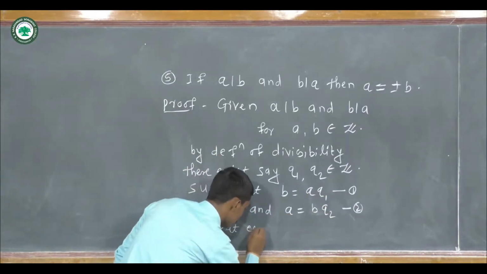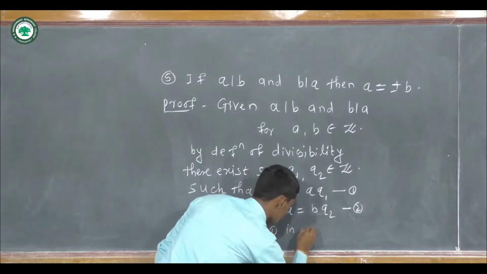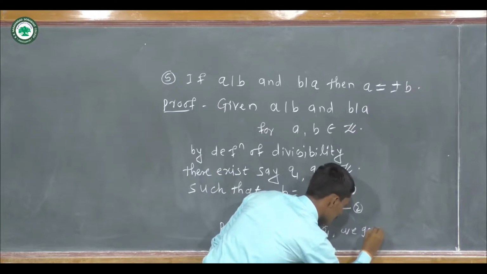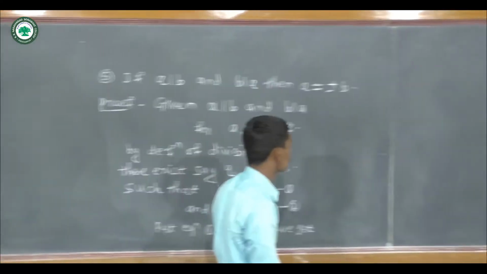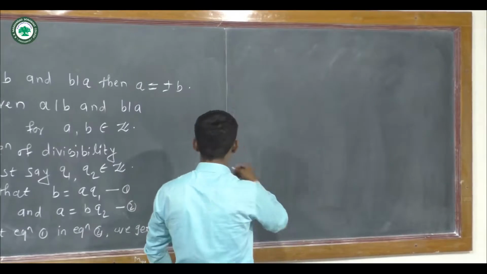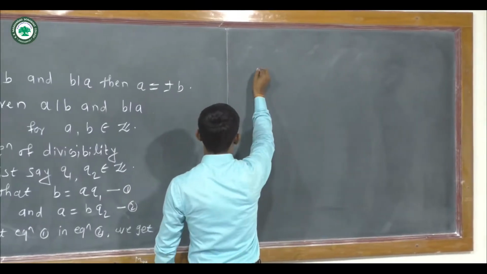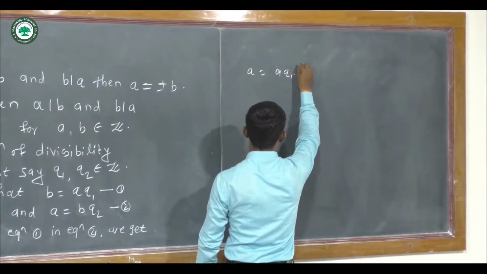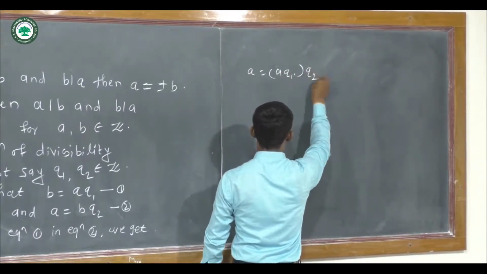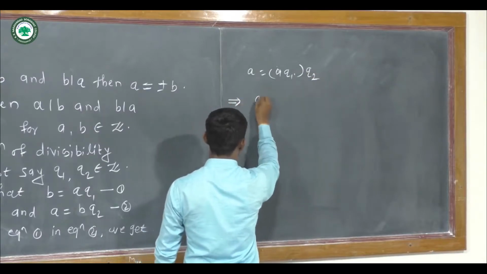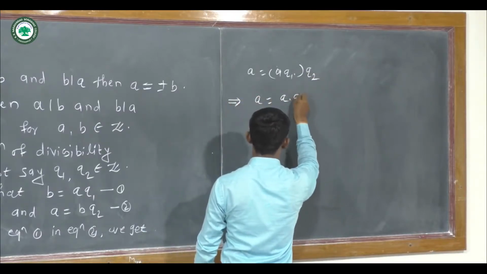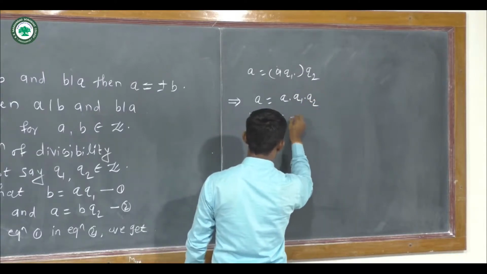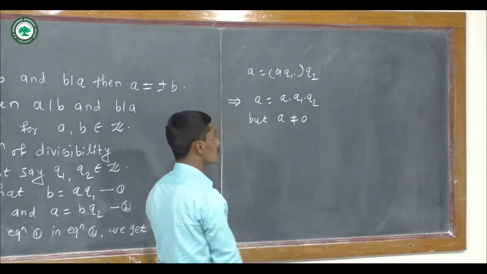Put equation 1 in equation 2, we get a is equal to a into q1 into q2. This implies a is equal to a into q1 into q2, but a is not equal to 0, so divide both sides by a.